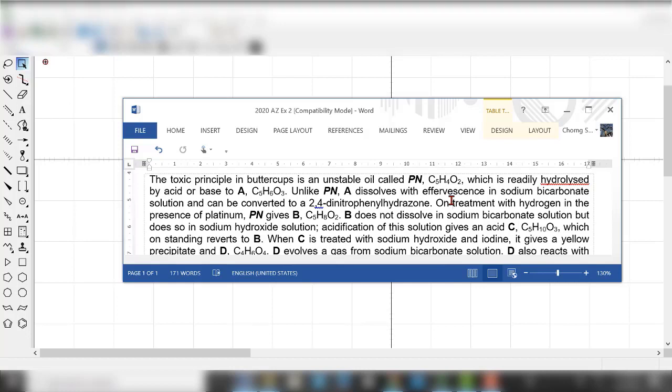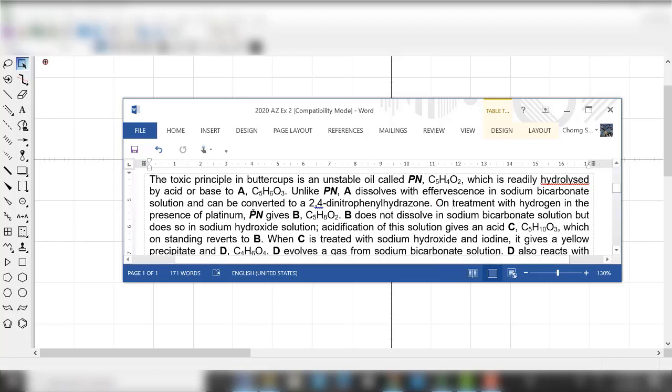Anyway, the question moves on, and then you realize that PN takes on a relatively unique functional group. So it was mentioned that it can easily be hydrolyzed by acid or bases. Without actually going into further details, you don't learn a lot of functional groups that can be hydrolyzed.